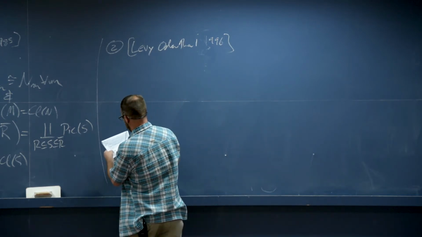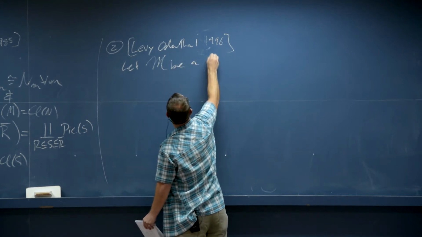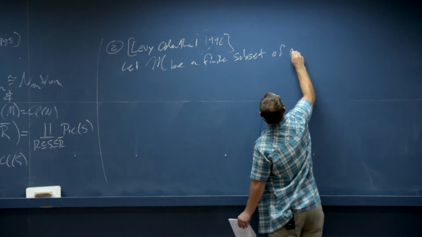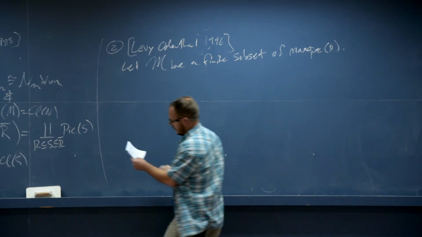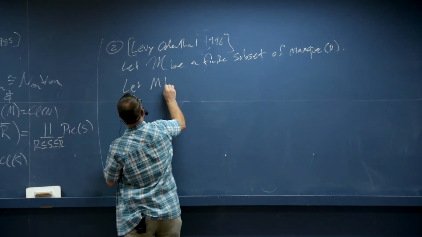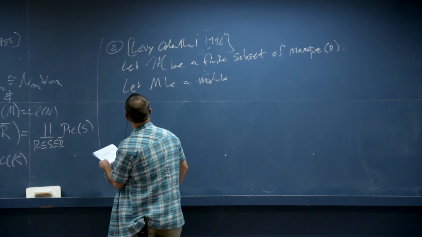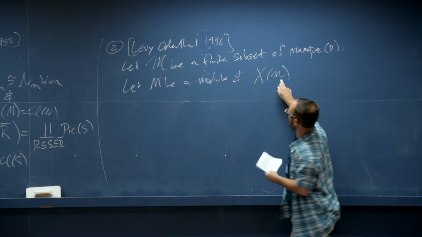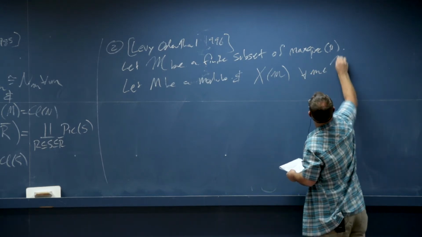And this says that, let script M be a finite subset of the maximal ideals, and let M be a finite module. And we have a family of modules, one for each M in this script M.